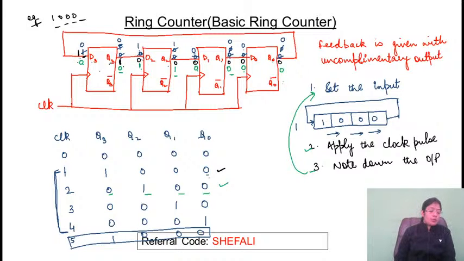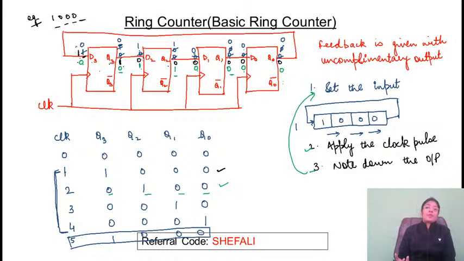In a ring counter, we can use any register. Usually this is just shifting the value. It is not modifying any value. So that's why I have used the delay flip-flop. If you want to implement this with the help of JK flip-flop, then what will the value of J always be? It will be 1.